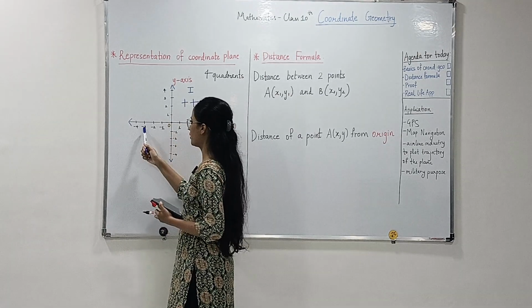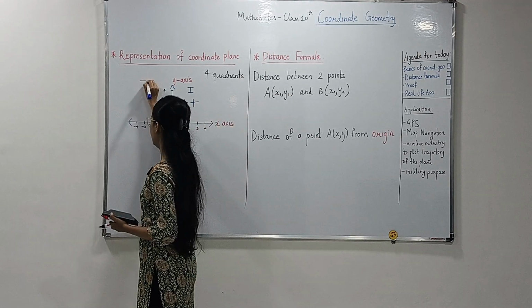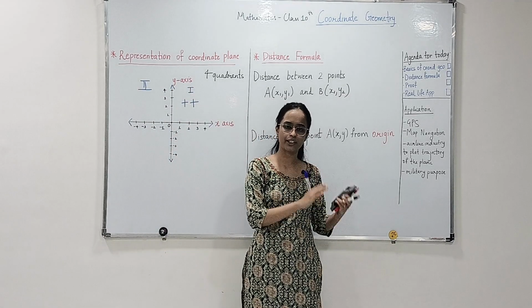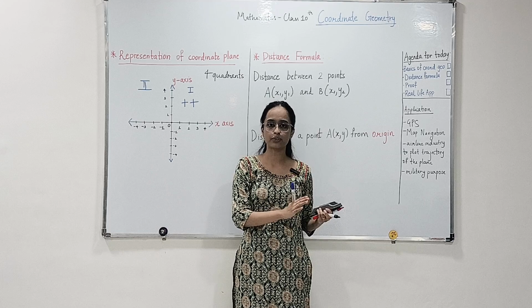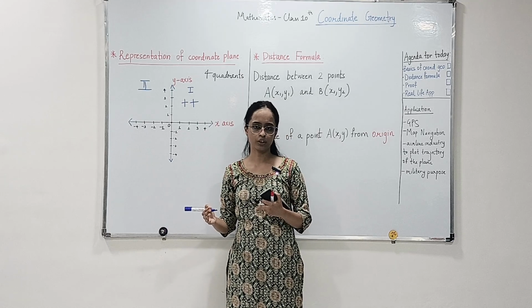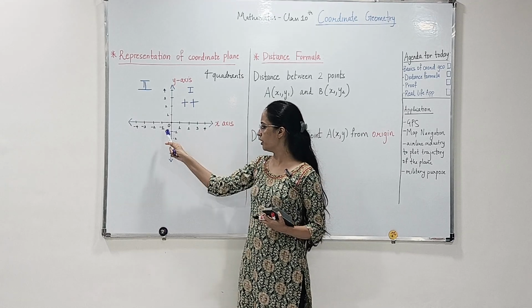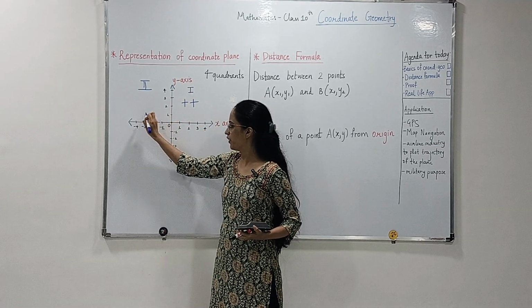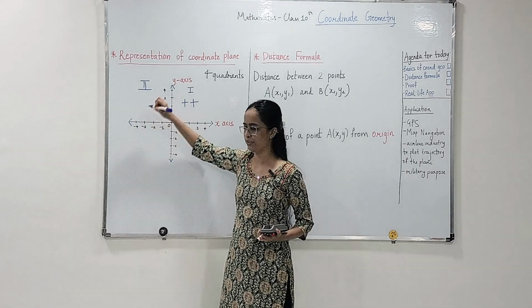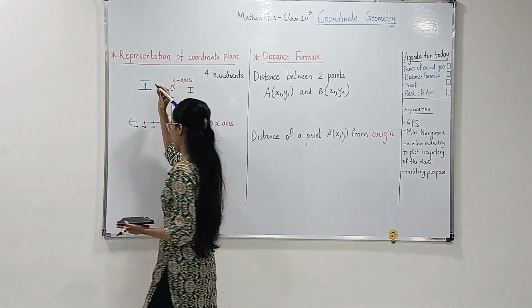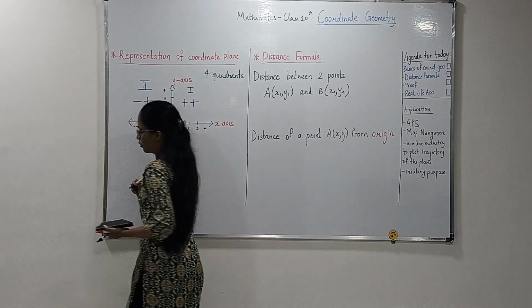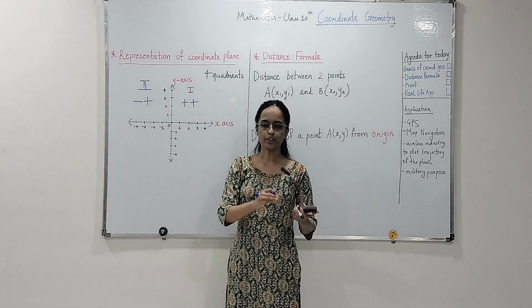Similarly, if you move on to the next quadrant, that is the second quadrant, as I told you, we would first write the sign of the x value and then the sign of the y value. Since we are talking about the second quadrant with x values as negative and y values as positive, the arrangement of signs would be negative and positive.